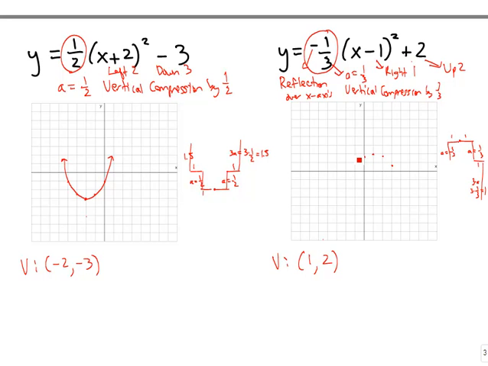So we're going over 1, down 1. So we get this parabola, again, that's a little bit wider than a standard x-squared graph. Okay? Notice this has a maximum height of 2, and the one we did over here had a minimum value of -3.